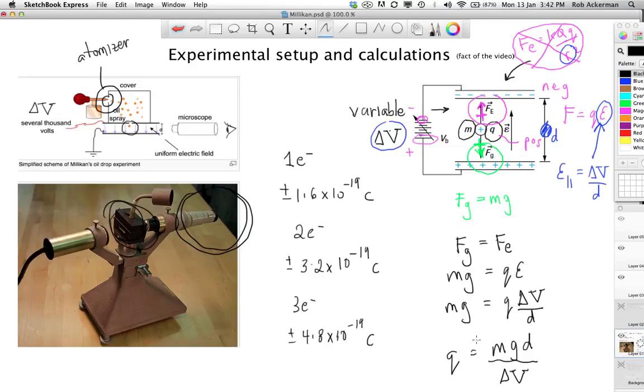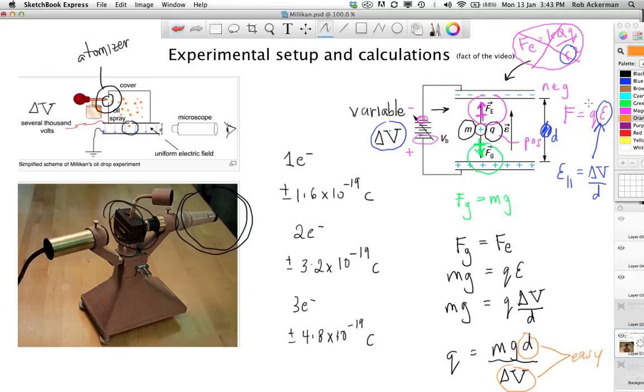So let's go ahead and categorize each of these variables as either easy to find or hard to find. Let's go. Delta V and D, these ones are easy. It's really just a matter of making a measurement with pretty much a ruler or making a measurement with a voltmeter.